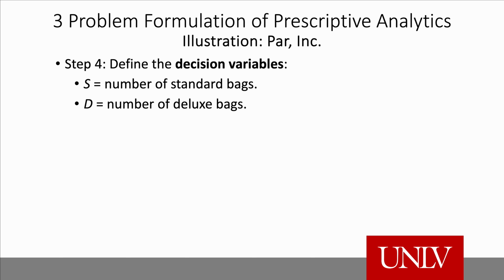So as a result, the number of standard bags and deluxe bags are considered decision variables because they represent the key quantities that the company must determine in order to achieve the goal, which is maximizing the profit. So we can set S equal to the number of standard bags and D equal to the number of deluxe bags. In optimization terminology, S and D are referred to as the decision variables.